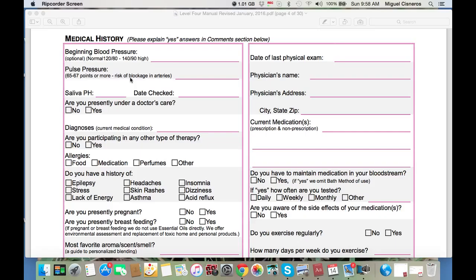Are you presently pregnant? If the answer is yes, then what we do is we eliminate direct contact with the skin with pure essential oils, and then we work on the environment. Based on the studies of the Red Cross that newborns are being born with 287 chemicals, we want to make sure this person that's pregnant is very aware of that, and then we're able to work on products.